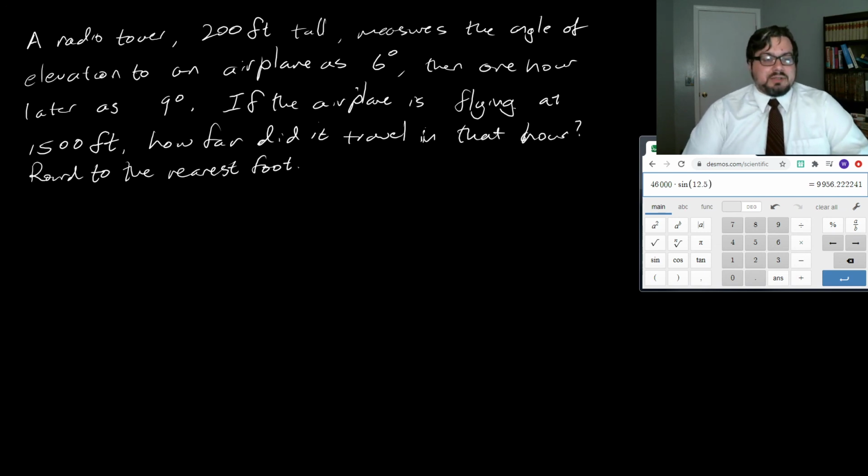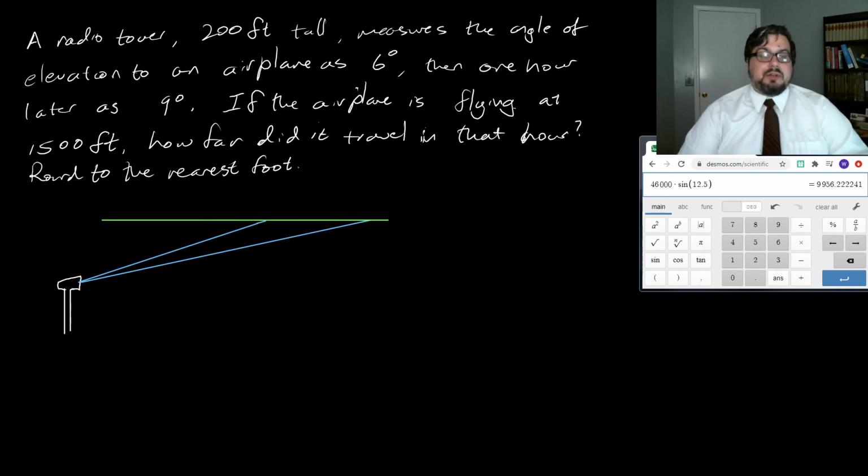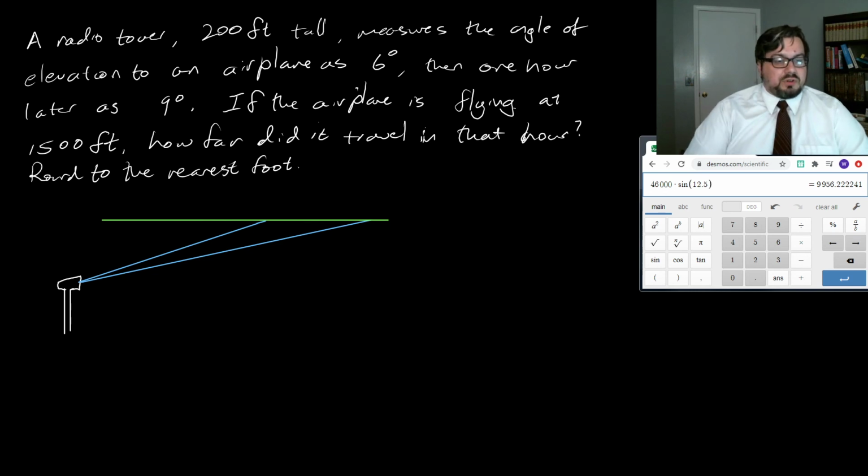Again, a picture is very helpful. So we've got a radio tower here. And it's measuring angle of elevation to a plane at 2 different times. Now we're told that the plane is maintaining a constant altitude of 1,500 feet, and we're also told that the height of the watchtower is 200 feet.